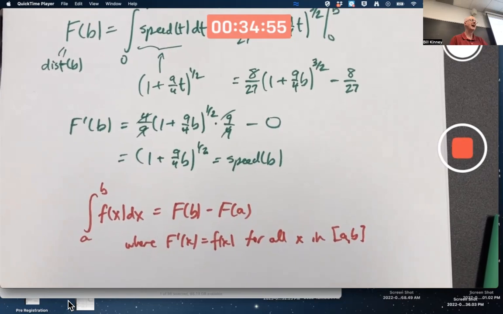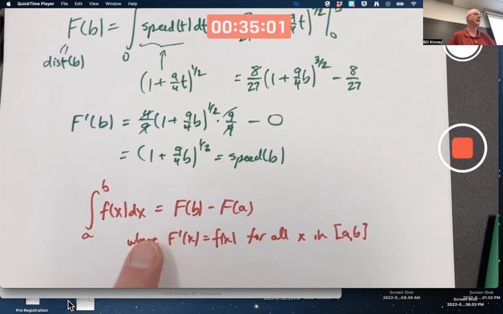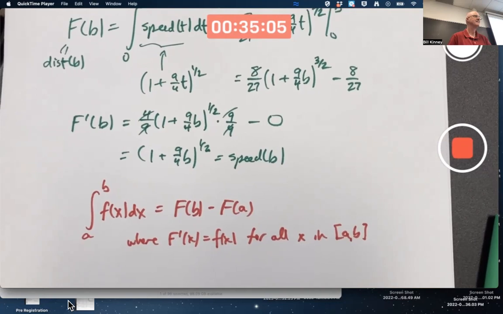That equation tells you how to figure out integrals. If you know, or if you can figure out capital F, an antiderivative, just do that. We've been doing that a lot.